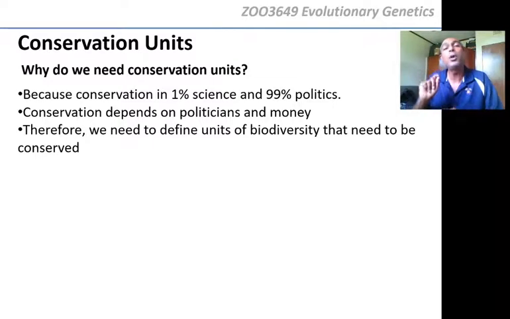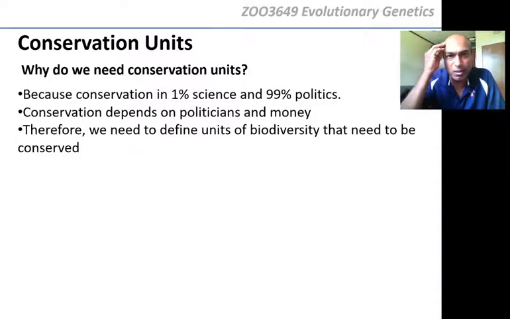So you need to bring an argument to the politician that is an absolutely hard, strong argument. You can't say, can you give me $1 million to save the rhino? They will say, but why is the rhino worth saving? And then you are scratching your head, thinking, well, I don't know exactly why it is worth saving.